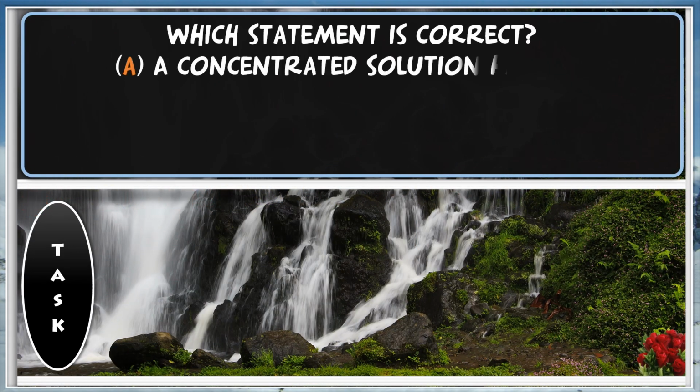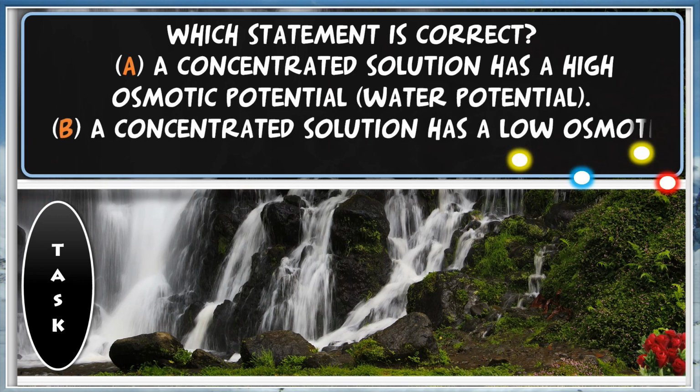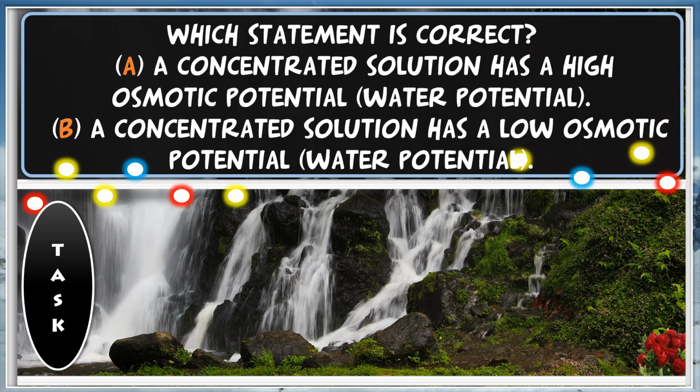Which statement is correct? A. A concentrated solution has a high osmotic potential, water potential. B. A concentrated solution has a low osmotic potential, water potential.